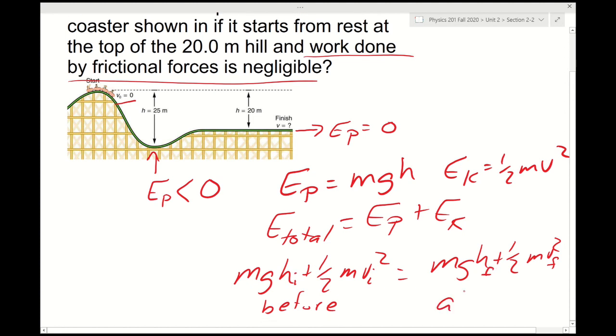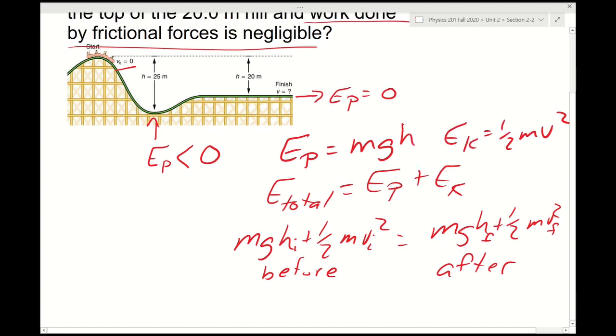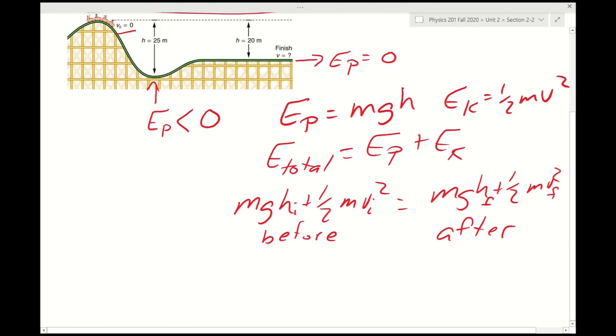The mass isn't changing, and we're not looking at a large enough difference in height to have a change in gravitational acceleration. Well, as we can see, it doesn't really matter what the mass of the roller coaster is. That's a common term in all the terms, so that'll be gone. At the top, it's at rest, so this whole term, in fact, goes to 0.